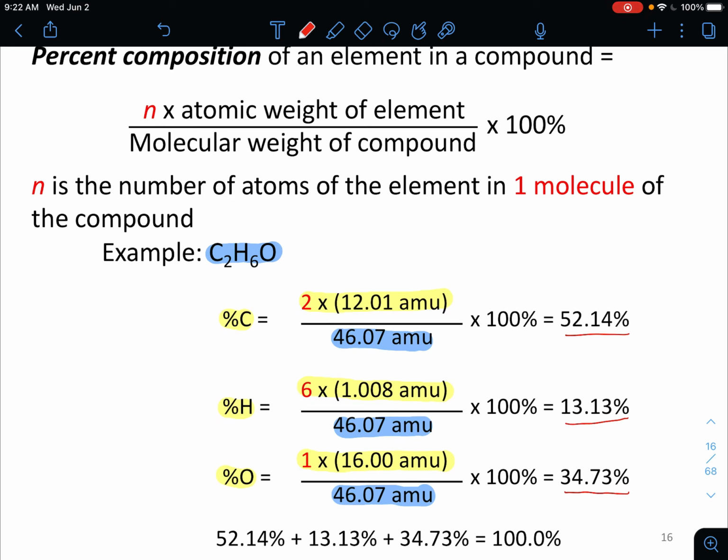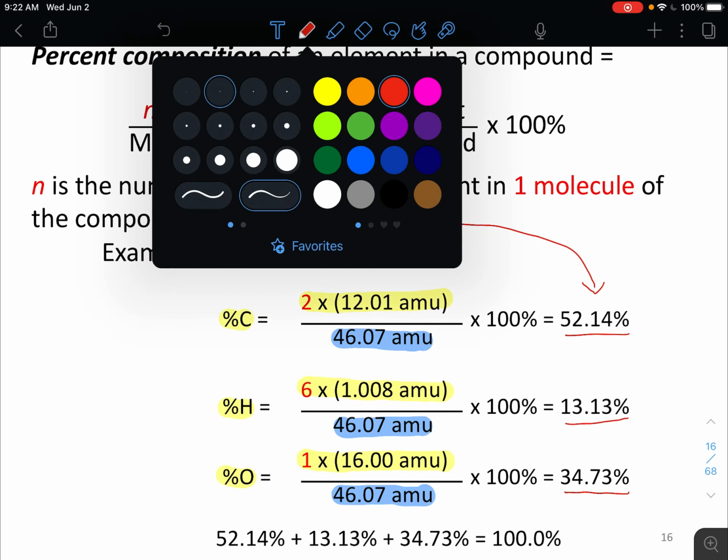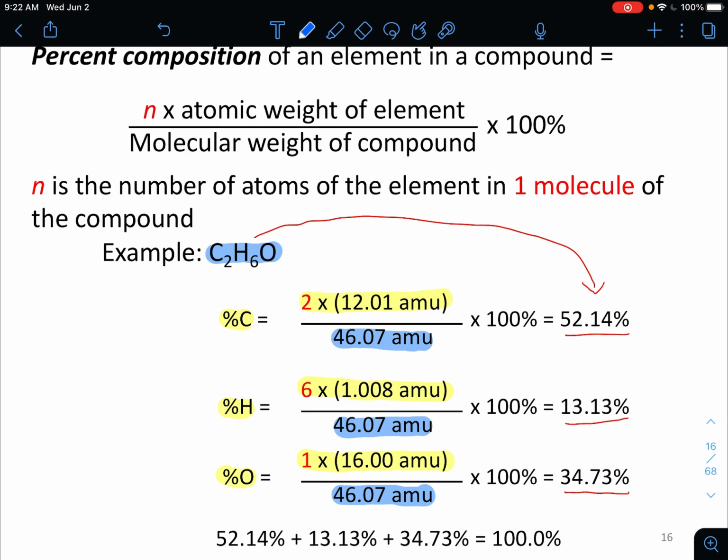So in this case, I gave you the formula C2H6O, and then you told me the percent by mass for each component. But what we want to do later on is the exact opposite. We want to be given these percent by mass values for carbon, hydrogen, and oxygen, and use that to predict the chemical formula.